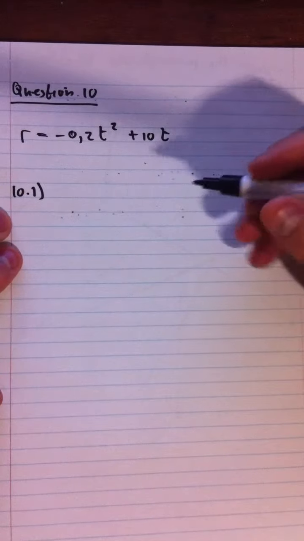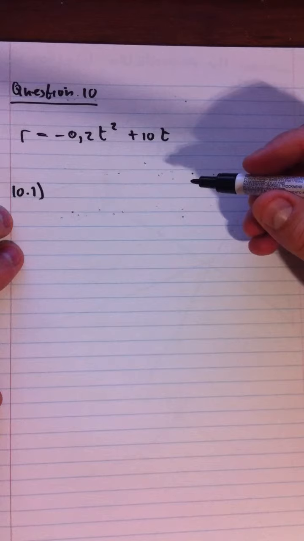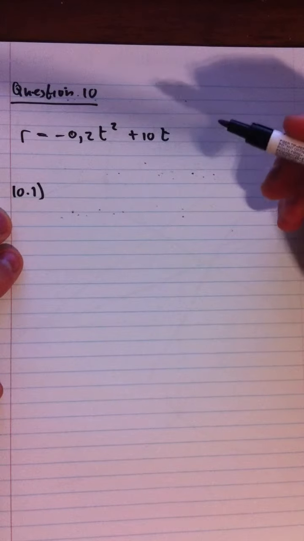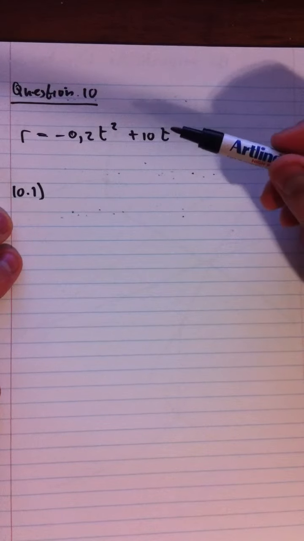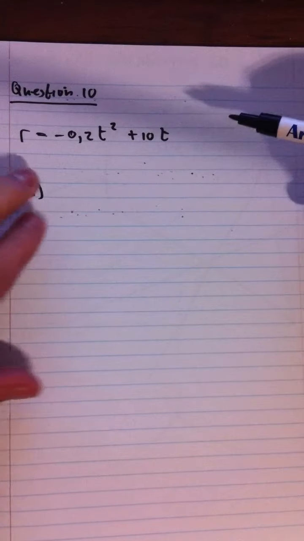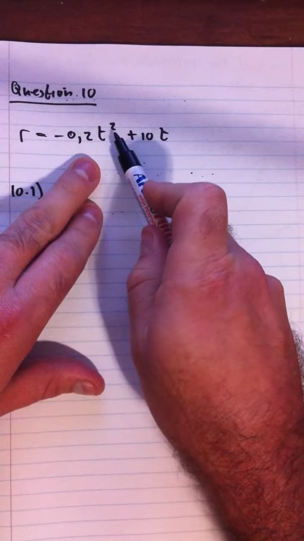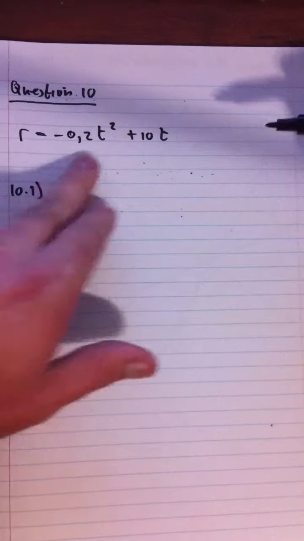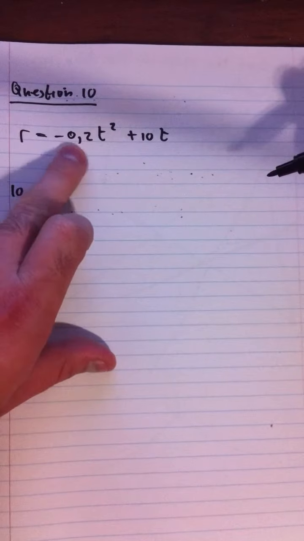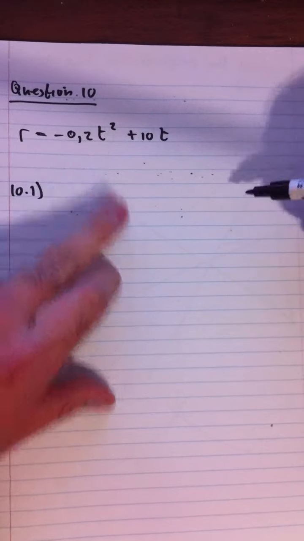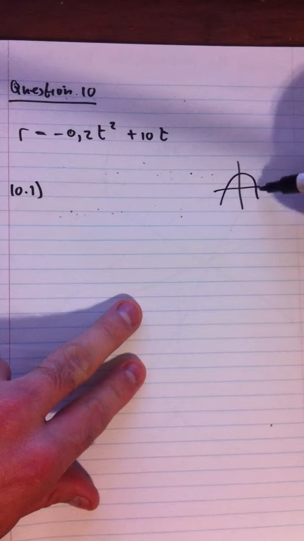Question 10.1: After how long will the water be flowing at the maximum rate? Okay, maximum or minimum, we use differentiation to find those turning points. In this case we can see the highest power is 2, so it's a square, that gives us a parabola. And we can see it's a negative a value in this parabola, which means it's this shape.